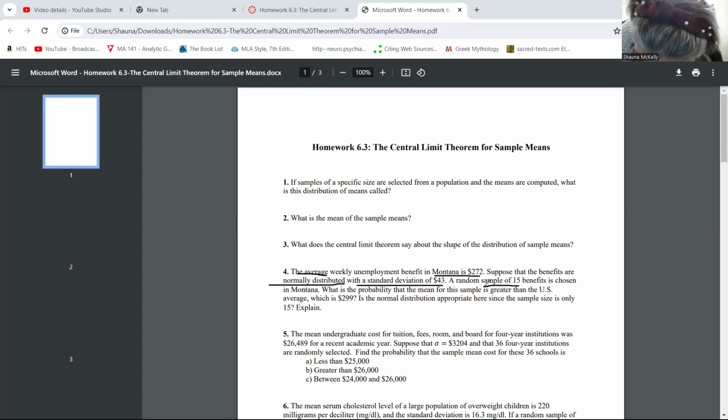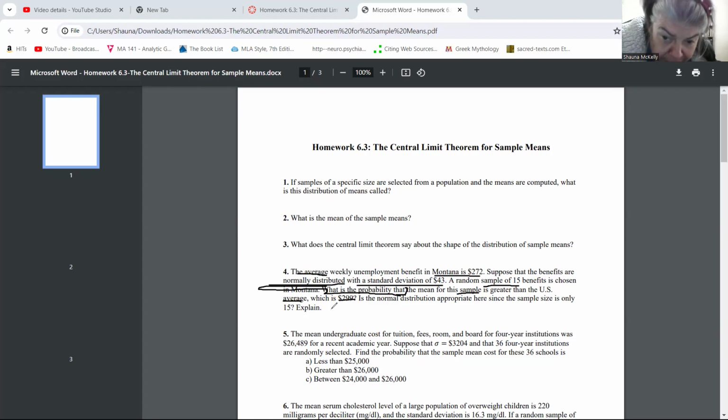Okay, now, what is the probability that, so here's my question, what is the probability that the mean for this sample is greater than the US average, which is 299.